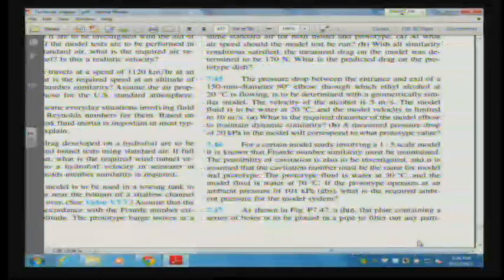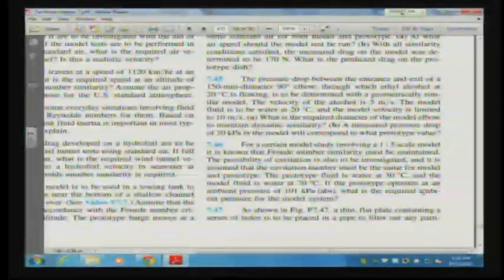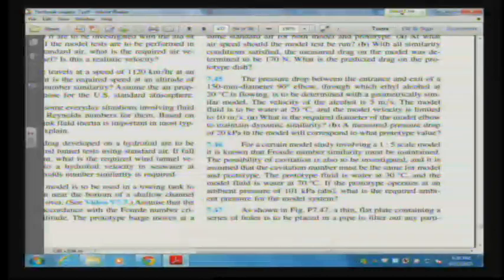For a certain model study involving a 1 to 5 scale model, it is known that Froude number similarity must be maintained. Okay, so our Froude number must be similar. The possibility of cavitation is also to be investigated, and it's assumed that the cavitation number must be the same for model and prototype. All right.